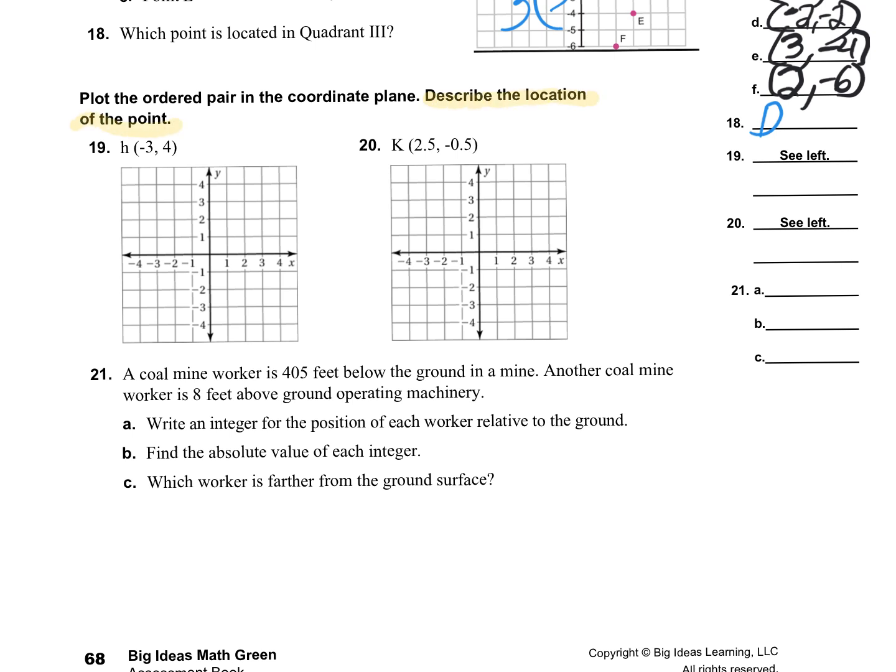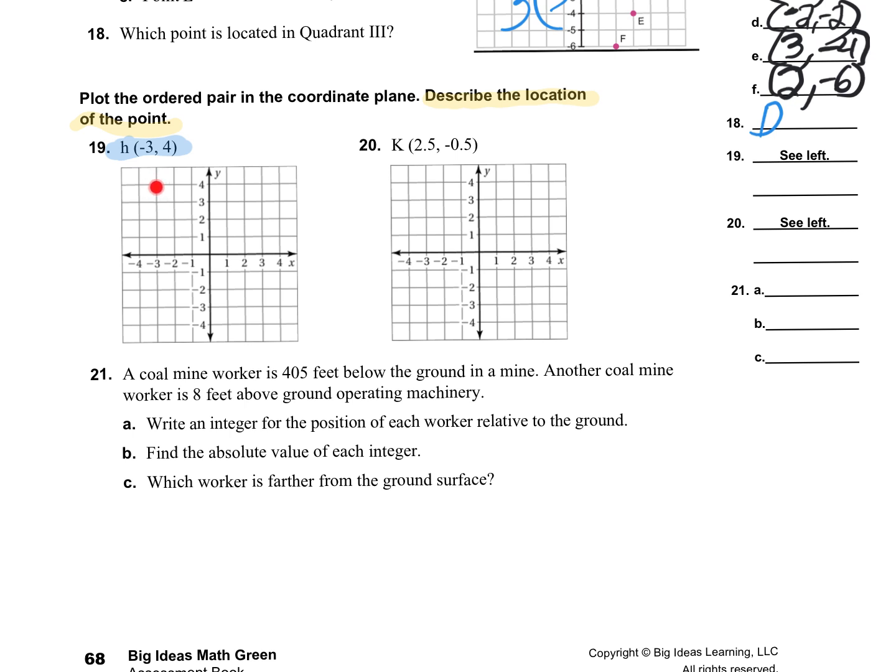And I bet a lot of you might have forgotten to do this part. Okay. So first, let's plot the ordered pair. So I look at my ordered pair right here, and I see that H should be located at (-3, 4). So remember, we're going to start at the origin, and my first number is -3, so I'm going to go backwards 3, and my second number tells me the height, 1, 2, 3, 4.